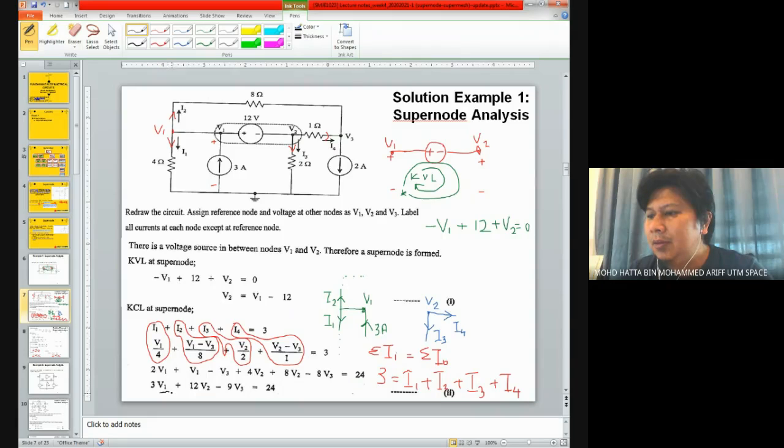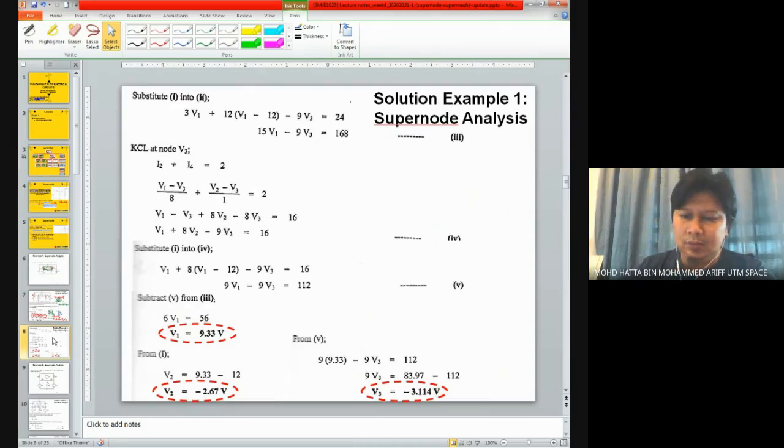We have V1, V2, and also V3, three unknown variables over here. Later on, if you carry on your analysis, what you need to do is substitute I1 and I2.